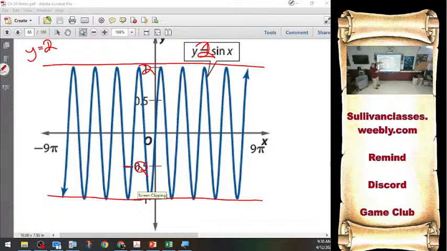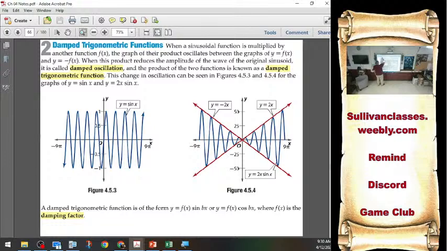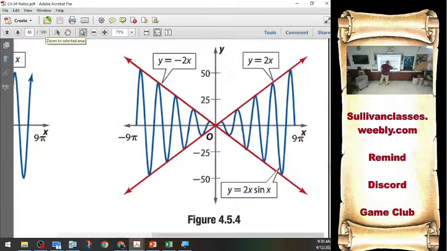So what happens when I throw a variable in there? If I said graph the line y equals 2x, do you see how it's just the sine graph? But now, instead of the boundary being at 1 and -1, because there was a 1 in front of it, the boundary is going to be 2x and -2x, because those are the boundaries in front of it.